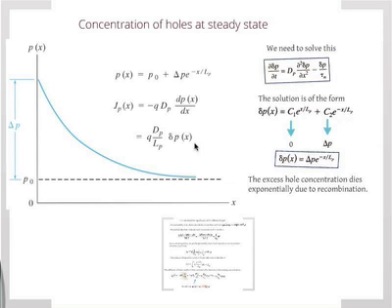Now you see why the diffusion length is important. This exponential dependence, of course, depends on the diffusion length. The longer the diffusion length, the slower this decreases. The shorter the diffusion length, the faster this decreases. So if you had to collect this current, you need to make sure you can collect the carriers very close to your injection, depending on the diffusion length.